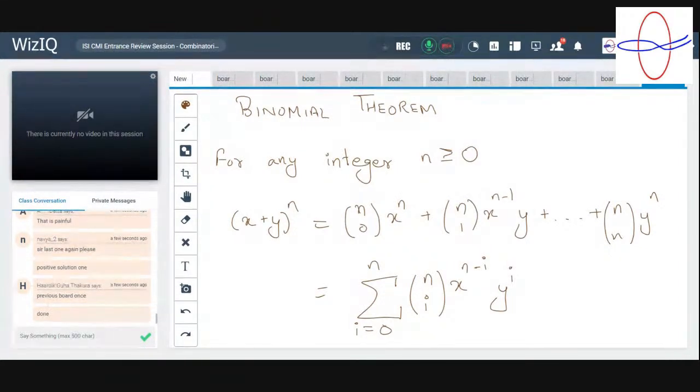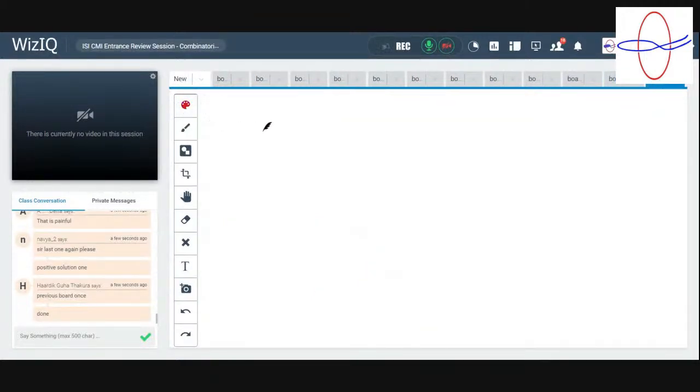Okay. So now from this you can conclude some more identities. From this you can conclude that this summation has the value 2 to the power n. You can conclude that this summation, with minus 1 to the r, is 0.